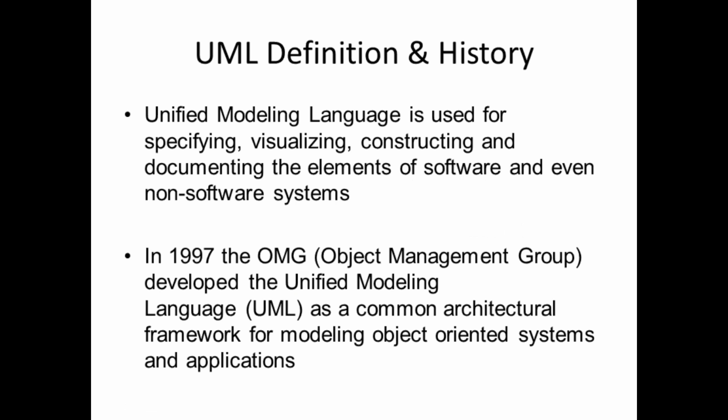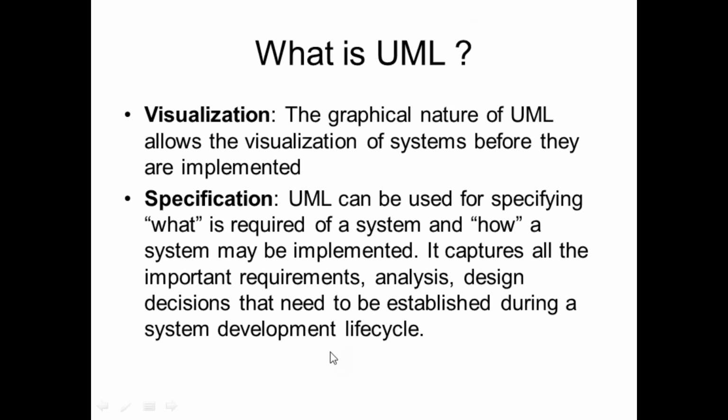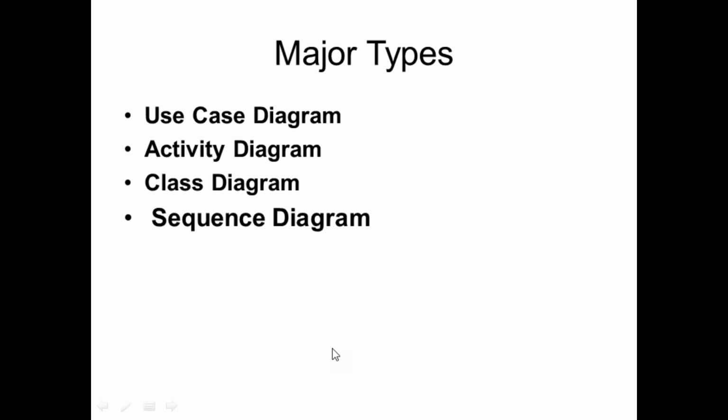So the last time, what was the last one that we discussed about UML diagrams? I remember we started off with the use case diagrams and we looked at the use case example, right? Any other things that we have looked at? The activity diagram, class diagram, and sequence diagram.